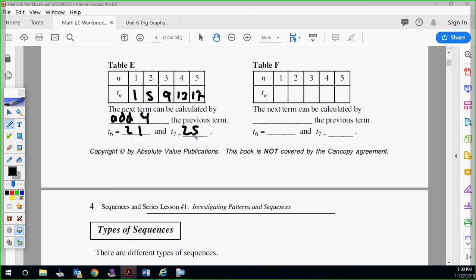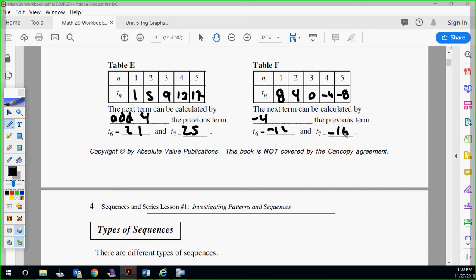Okay, and Abby, what was table F? 8, 4, 0, -4, -8. Okay, so the next term we calculated by subtracting 4 from the previous term, -4. Right there is fine. Right, -12, -16. Okay.